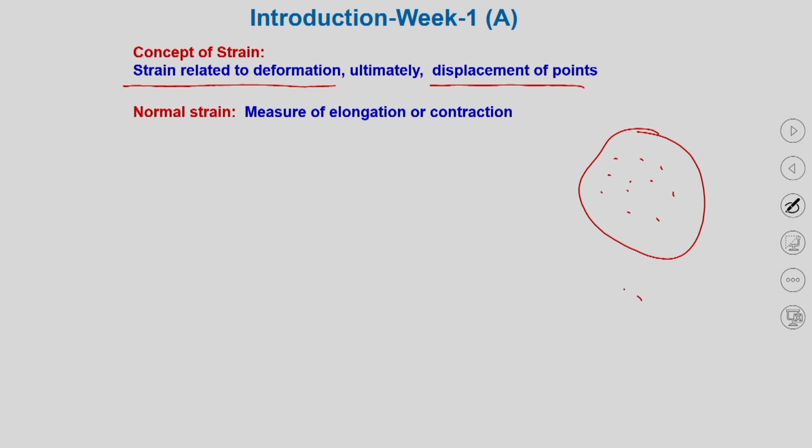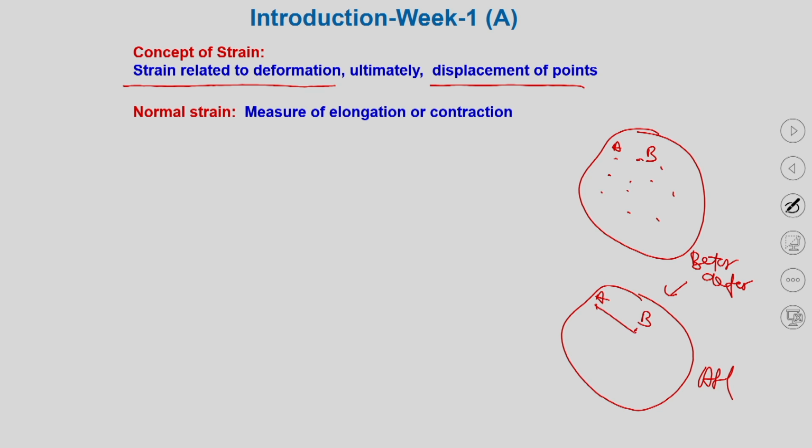So, before deformation, let us say this point is A, this is B, and after deformation, this becomes A and this becomes B. So, that relative change, the strain, is related to the deformations.